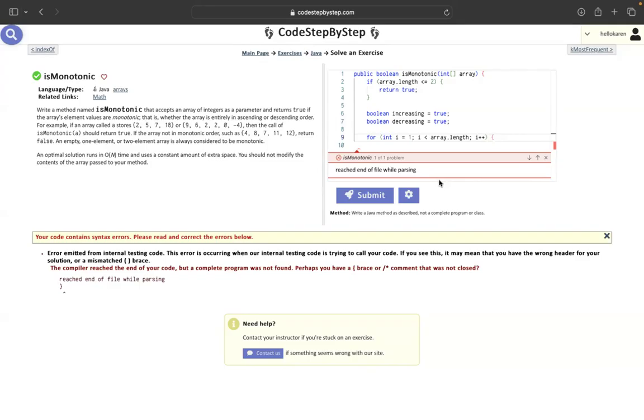So what about four elements then? Comparing the second to first, then third to second, and then fourth to third. Right, exactly.